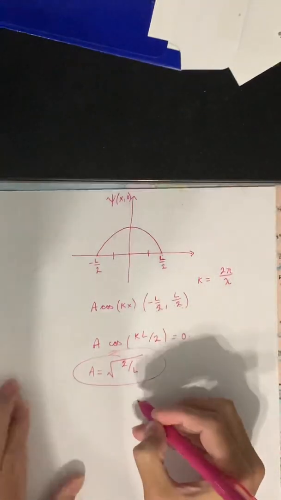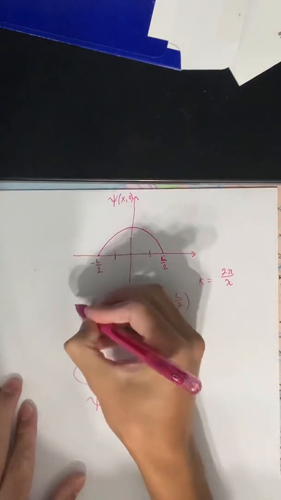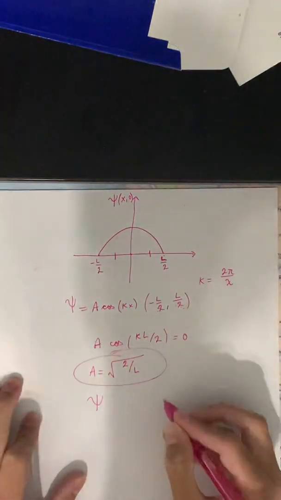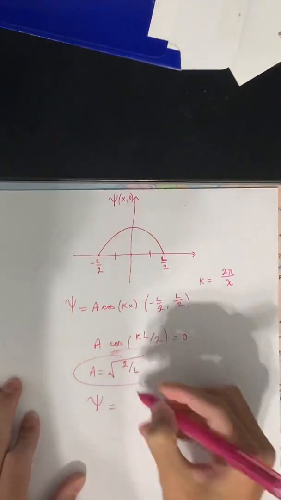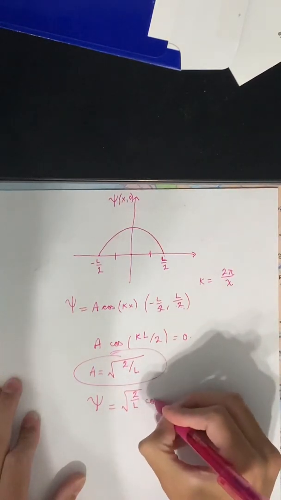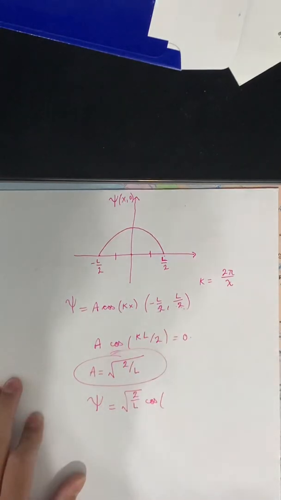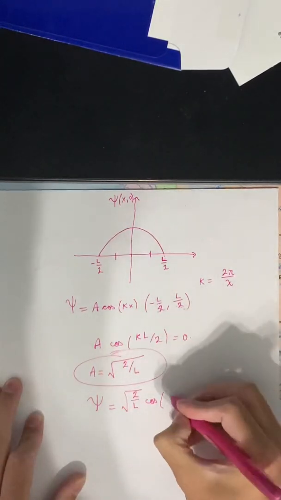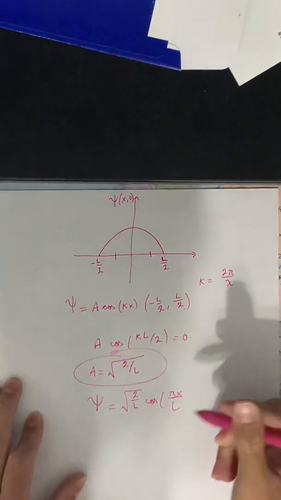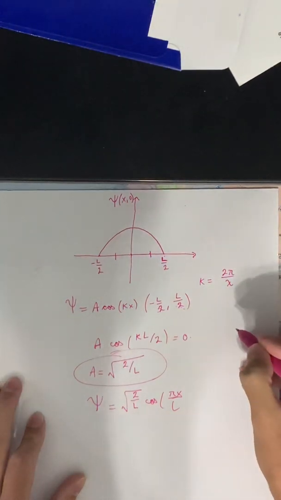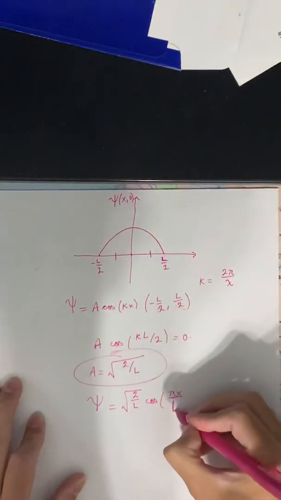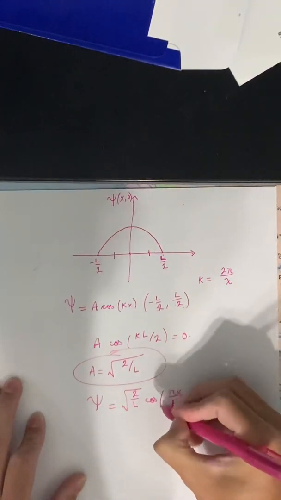So we measured it. Now we know that we can rewrite, sorry, I forgot that up here. That's cosine, or the psi, which represents the wave function. So psi, we're going to denote again, is going to be, now because we know the A value, the square root of 2 over L, right, that constant, multiplied by cosine of pi x over L. Because remember, we have k equals 2 pi over the wavelength, and then we substitute that value, and we derive this pi x over L inside the parentheses here.